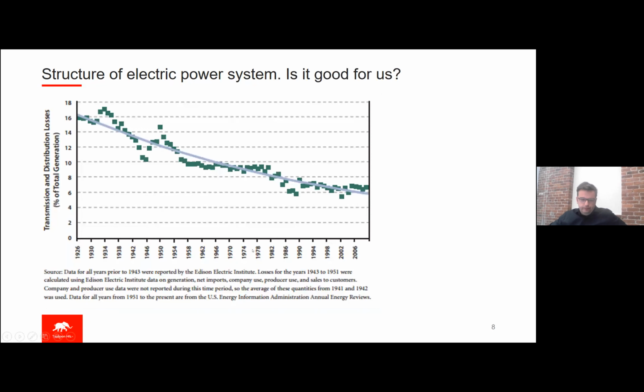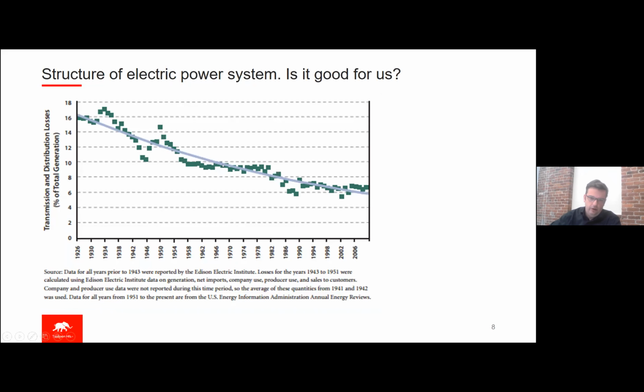So in terms of civilizational benefits, this highly networked, centralized control system worked pretty well. If you look at the system losses in this system, we see a steady decline.